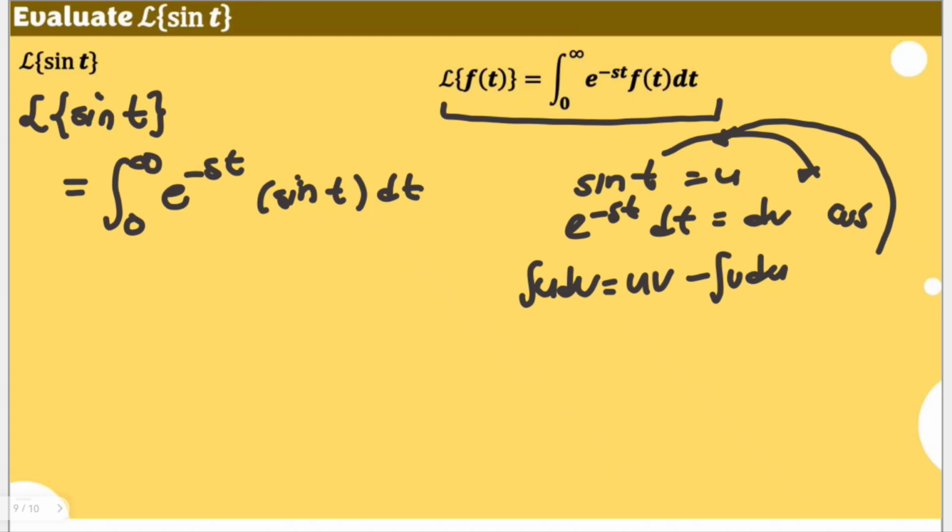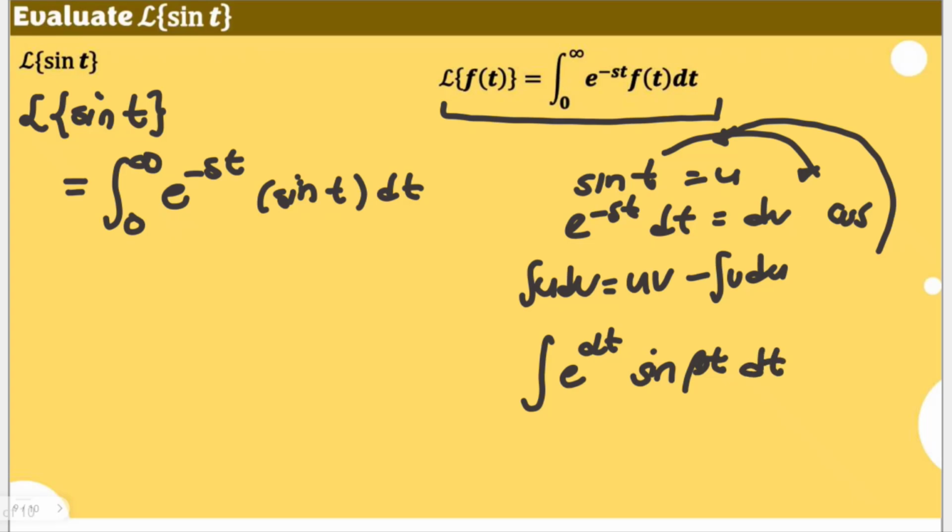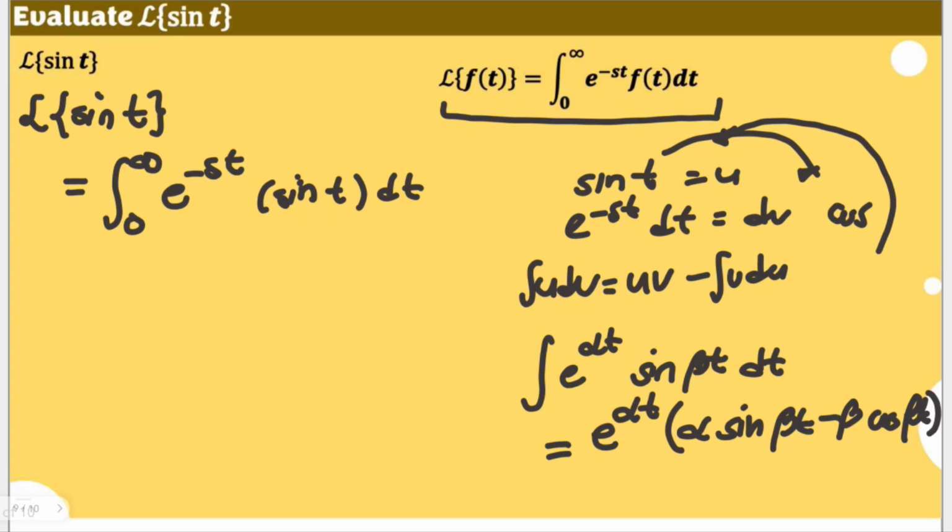That is why there is a formula for this integration. If we have e to the power of alpha t, where alpha is any value, and sine of beta t, whether or not beta is 1 or any value, dt, this is equal to e to the power of alpha t times alpha sine of beta t minus beta cosine of beta t, all over alpha squared plus beta squared.